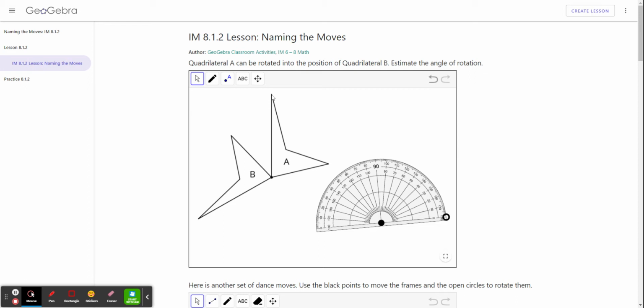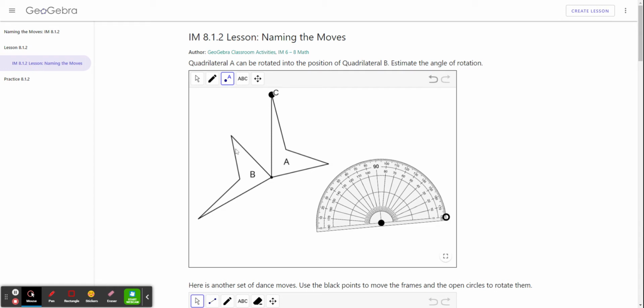If I want to try to estimate how far I am turning this figure, I want to look for my corresponding points. So, for example, I noticed that in this figure A, the very tip, the longest part of this pointy part right here, I'm going to put a point there and call that C. Now, in figure B, I need to be able to find where this point ended up after I rotated my figure.